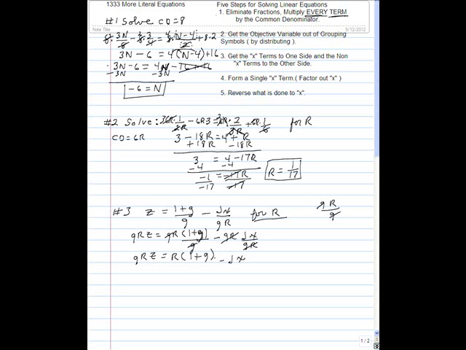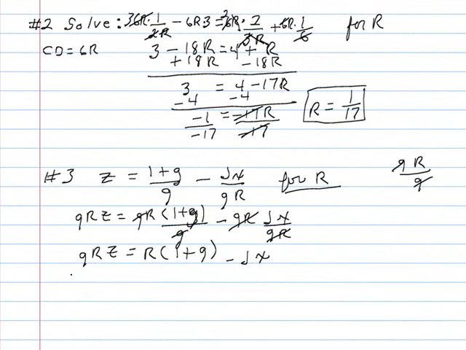That'll leave this big term with the bracket by itself, and I won't have to move it. And then I'll move the JX to the left, and that's going to put a positive on the JX. So let me show you how that works. To move the GRZ to the right, I go minus GRZ and then minus GRZ.